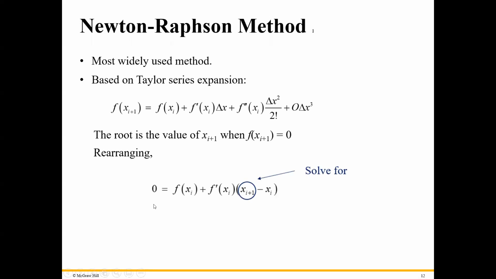If we put f of x(i+1) equal to 0 and rearrange, we can solve for x(i+1), which will be our solution. By simple algebra, x(i+1) equals x(i) minus f of x(i) over f prime of x(i).